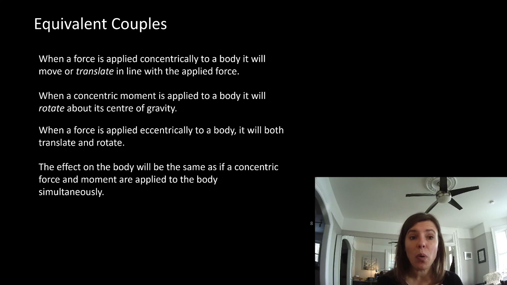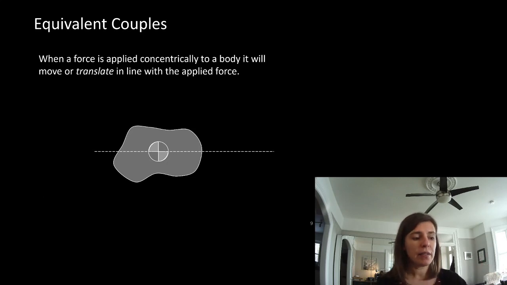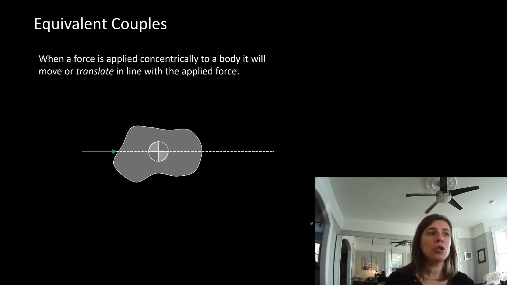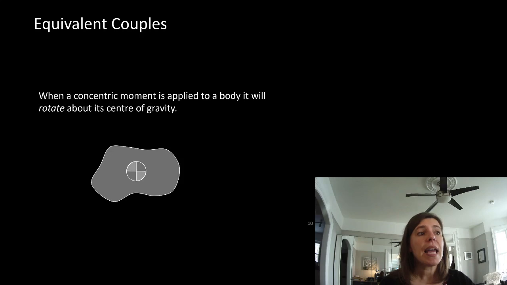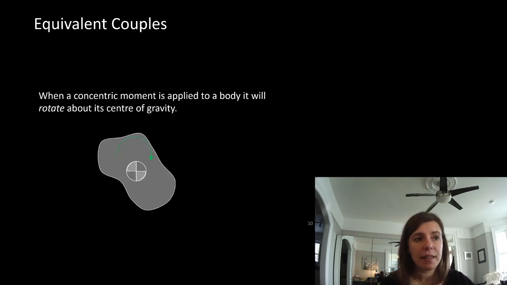You guys remember equivalent couples. So, when a force is applied concentrically to a body, it will translate, or if you apply it through the centroid, it will translate in line with the applied force. If you apply a moment about its centroid, it will rotate like that.